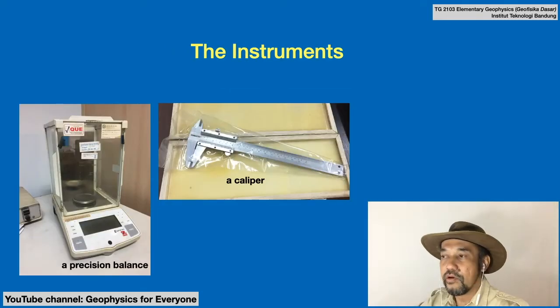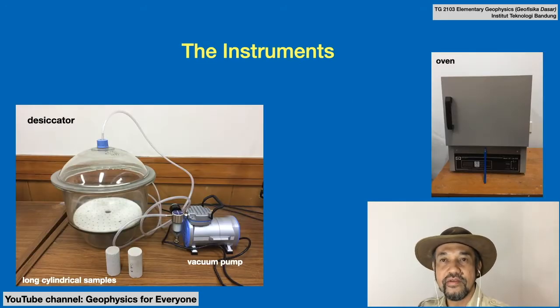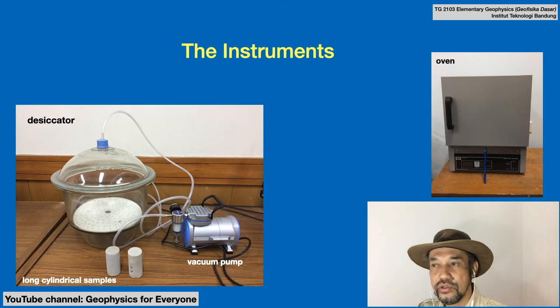The students will also be provided with a caliper to measure the diameters as well as the thickness or length of the core samples, and with access to a precision balance where they could weigh the samples. The students would have access to a desiccator connected to a vacuum pump as well as an oven. The desiccator is the instrument that the student would use to soak the samples with water.